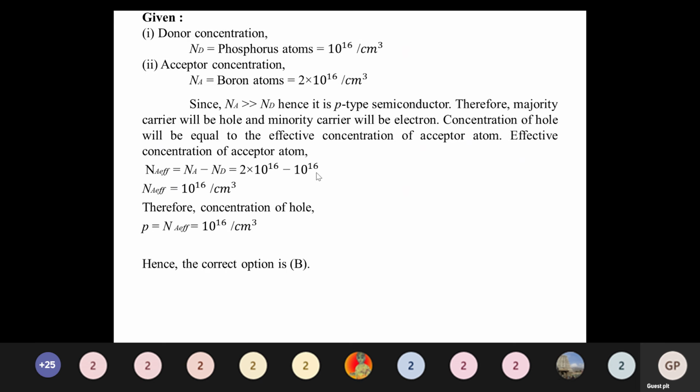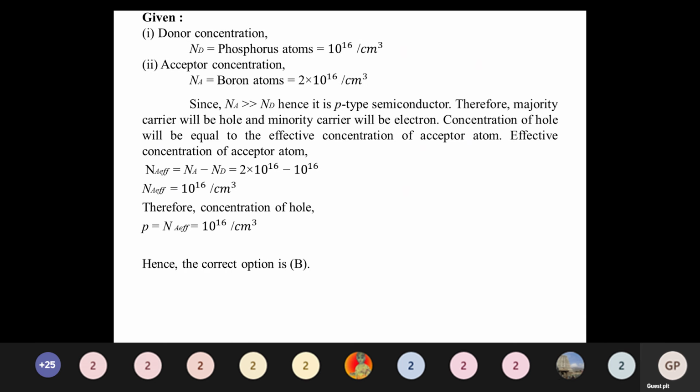Here 2 times is there, here 1 time is there, so only 1 time alone we are getting. Therefore, the concentration of holes P equals the effective concentration, which is 10 to the power 16. Fully ionized means the hole concentration must equal the effective concentration of acceptor. Clear?